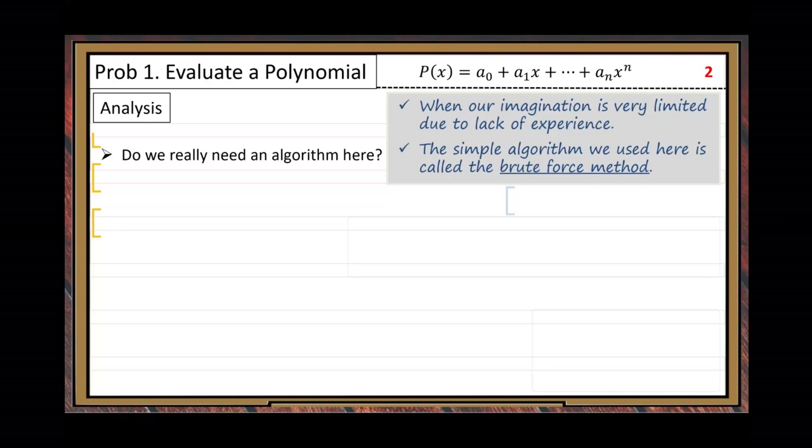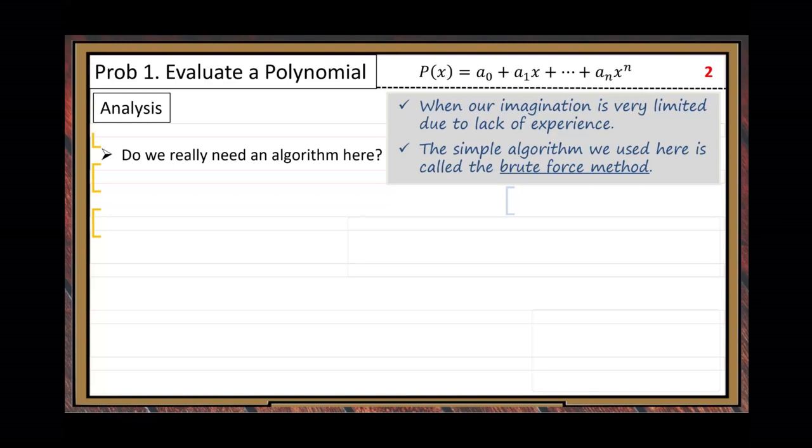One commonly used method, just like what we did in the previous slide, is to apply the simplest algorithm to solve the given problem, and here we call it the brute force method. Straightforward brute force method. Later in the next module, we will spend more time to understand the brute force method.